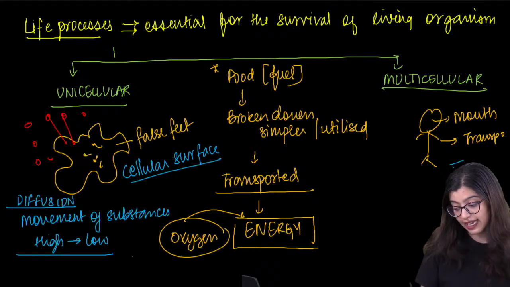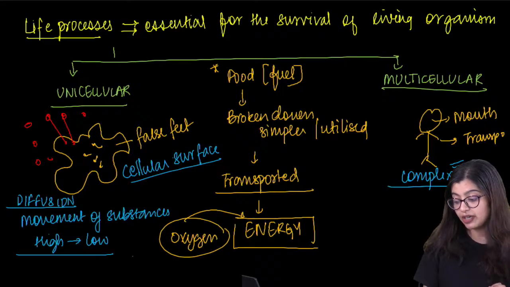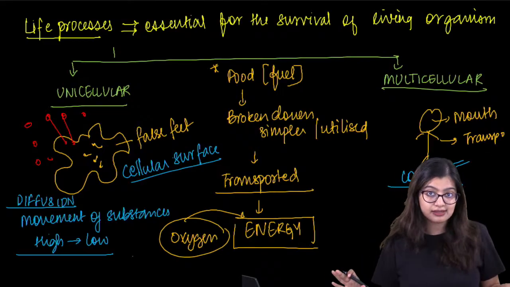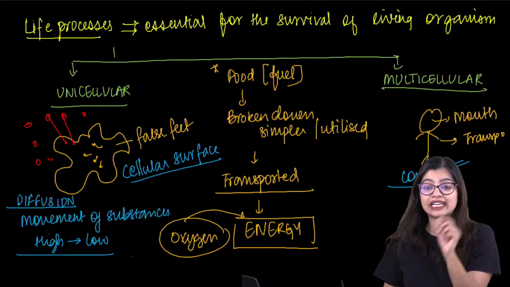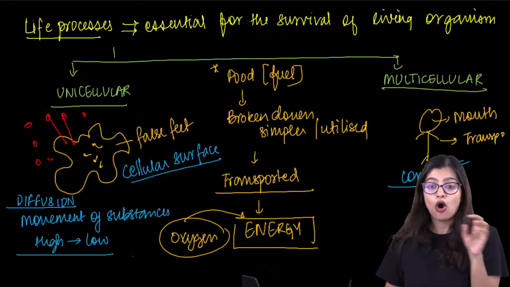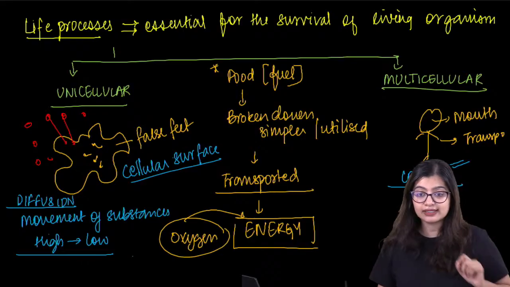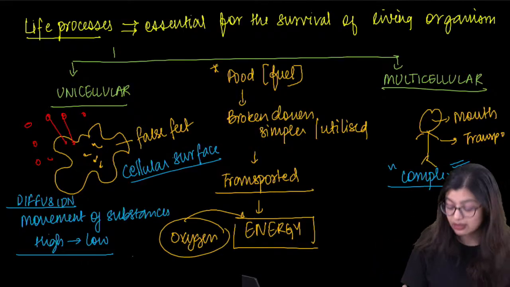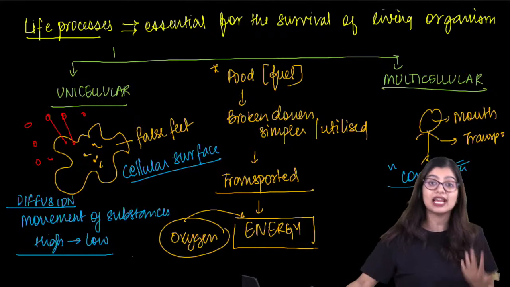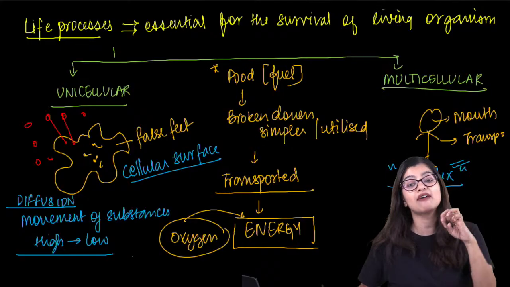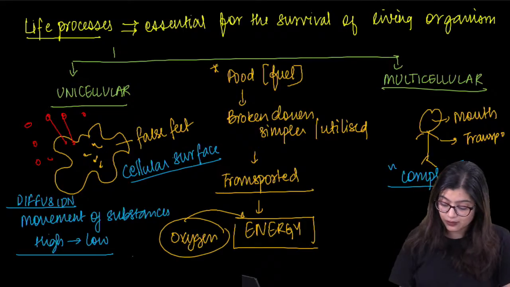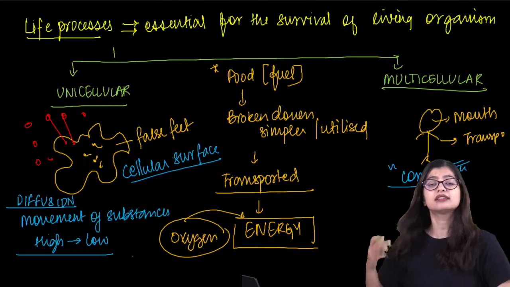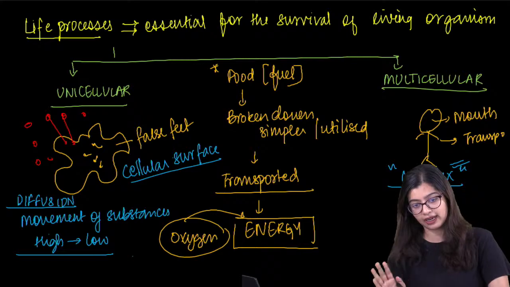But that cannot be the case in a multicellular organism because simple diffusion will not suffice. It will not suffice because oxygen needs to reach each and every cell, right? The reason being that we have a complex body design, hence complex body structures, which is why this alone is not going to be enough.